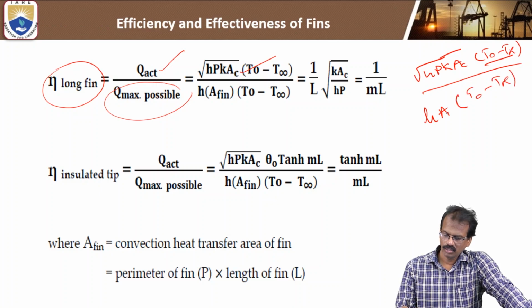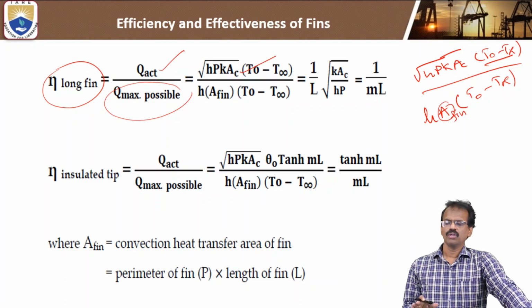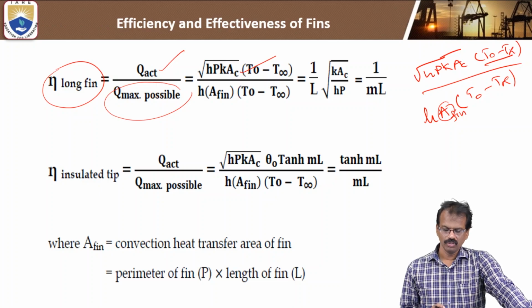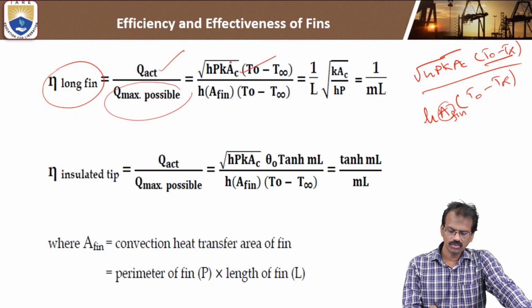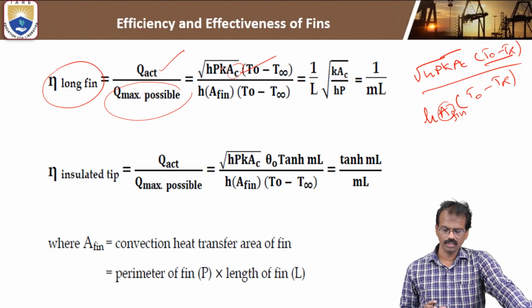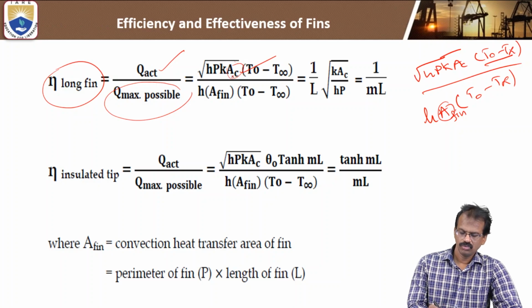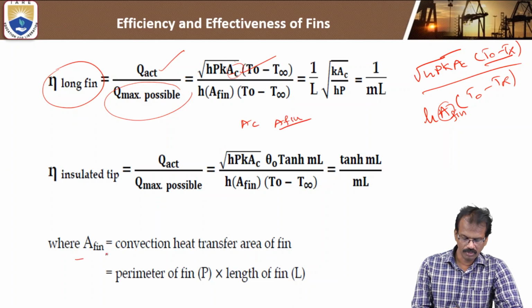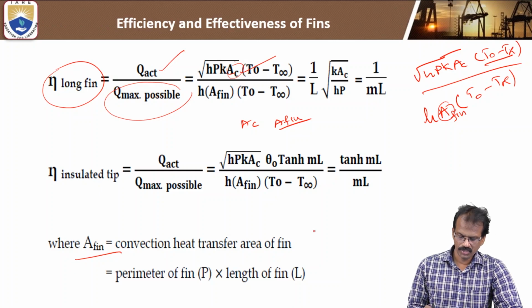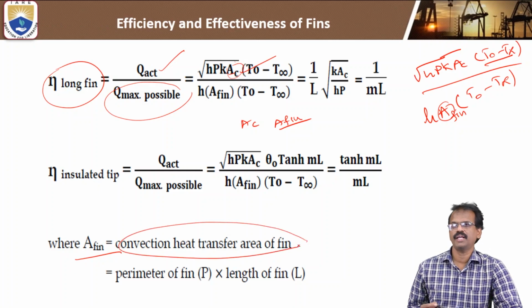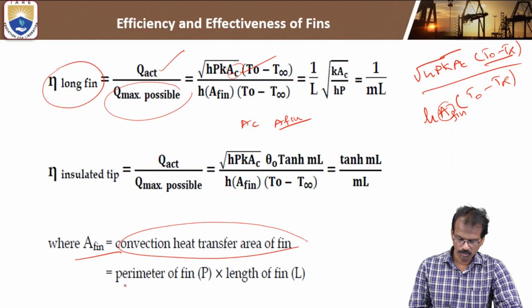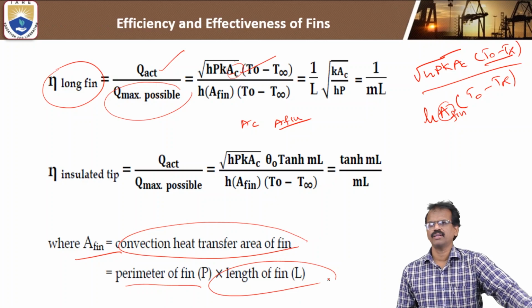Here A_fin is the entire convection area of the fin, and there is a difference between A_c and A_fin. A_fin is the convection heat transfer area of the entire pin, that is the perimeter of the pin into the length of the pin, covering the entire area.